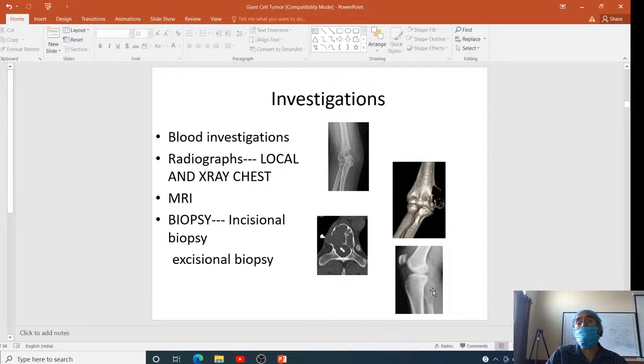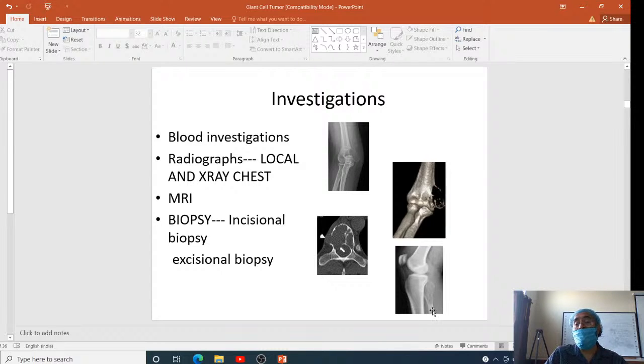That is called excisional biopsy. Once you send the whole bone for biopsy, if it comes back as GCT, then you are fine. You must already have done an MRI and known the extent of the disease, and then you have done the treatment. With one stroke, you have done the biopsy and the treatment as well.